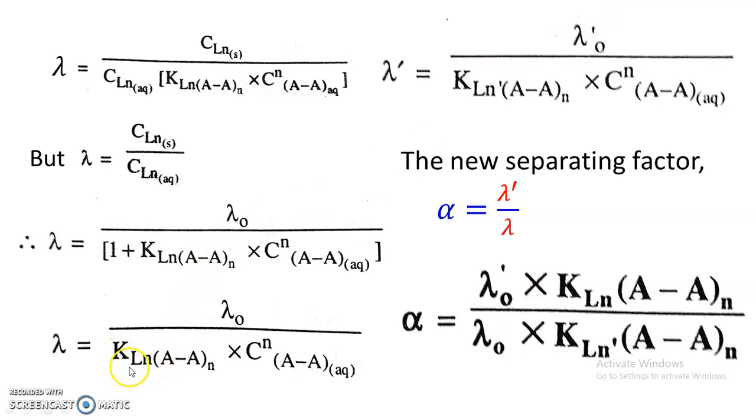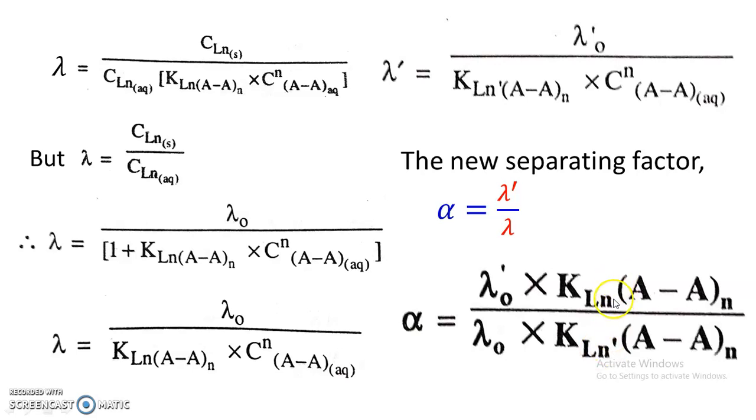Even the stability constant of the lanthanide ion in a complex is different for different ions, and therefore these two terms are also not cancelled, and therefore alpha is equal to lambda 0 dash into K Ln An, this is the stability constant of one lanthanide ion, upon lambda 0, the distribution coefficient of one lanthanide ion, into K Ln dash An, this is the stability constant of the other lanthanide ion.